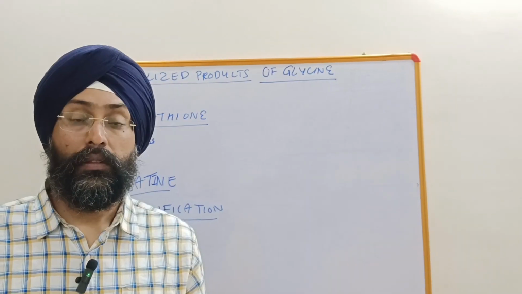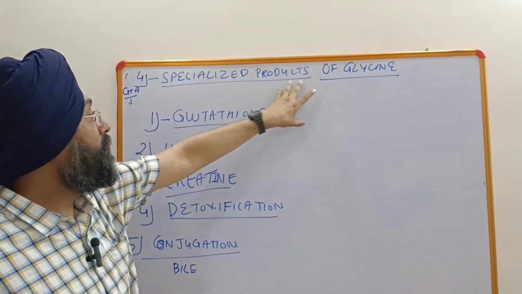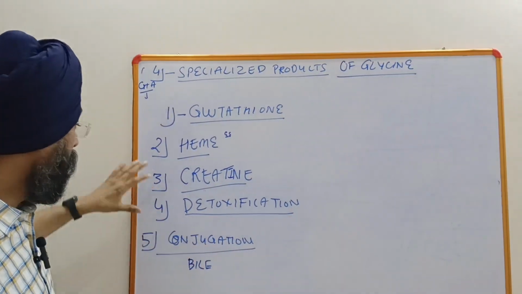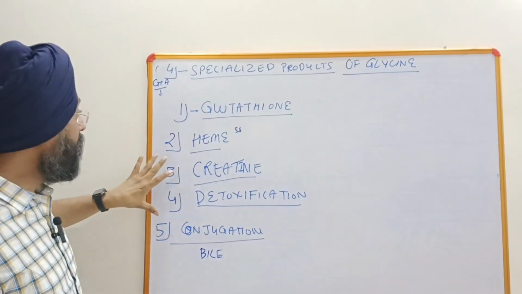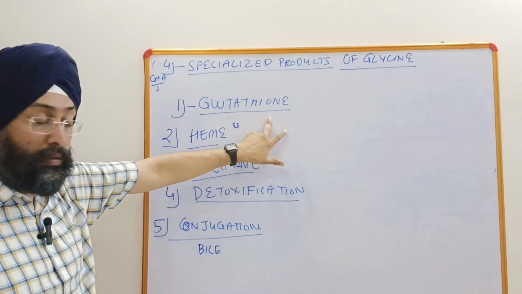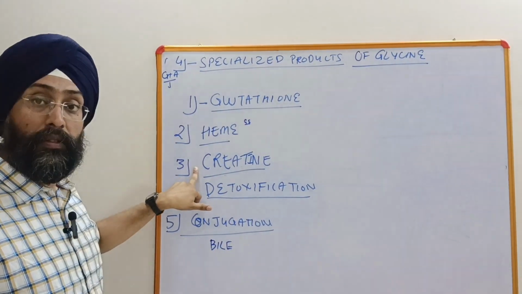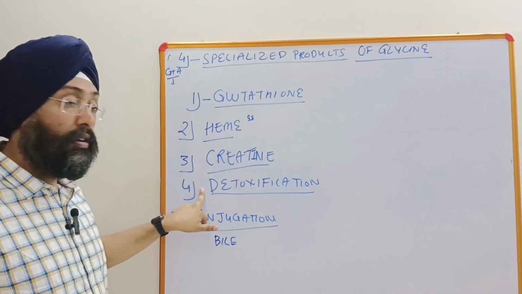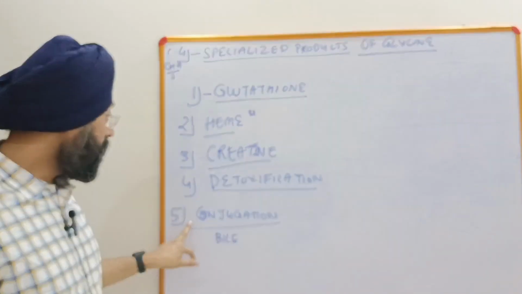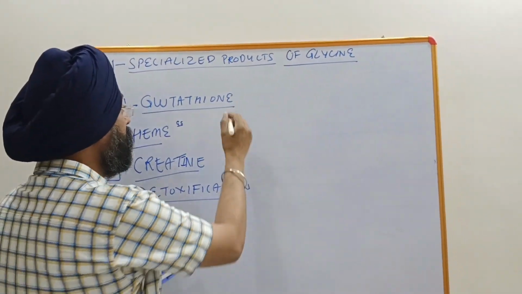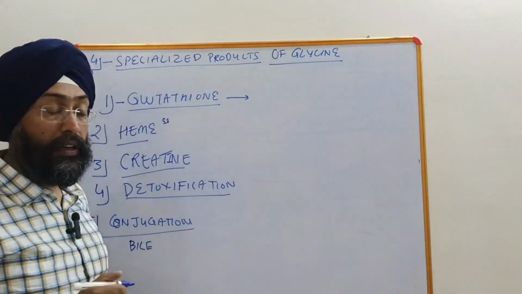Now we'll start with the specialized products of glycine. It is involved in these five major things: synthesis of glutathione, synthesis of heme, synthesis of creatinine, detoxification reactions, and conjugation of bile acids. First, we synthesize glutathione.